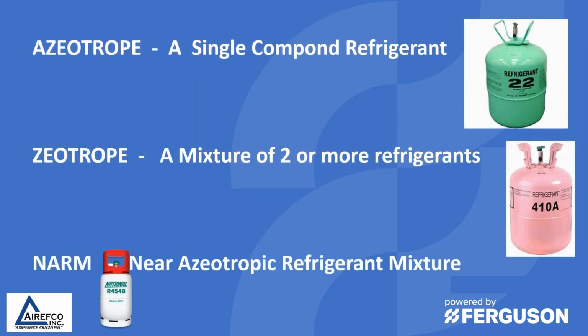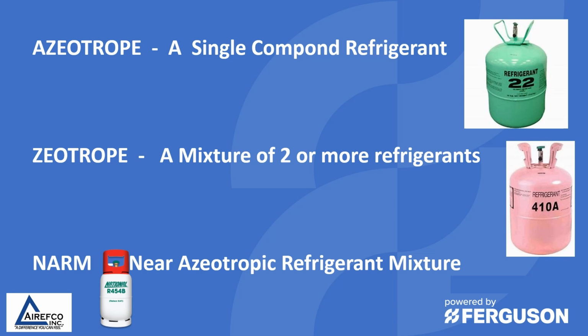Another important factor for technicians in the field is what type of refrigerant we're working with. An azeotrope refrigerant is a single compound refrigerant such as R22. It was not a blend, it was a single compound refrigerant. A zeotrope is a mixture of 2 or more refrigerants like R410A, which was a mixture of R32 and 125.